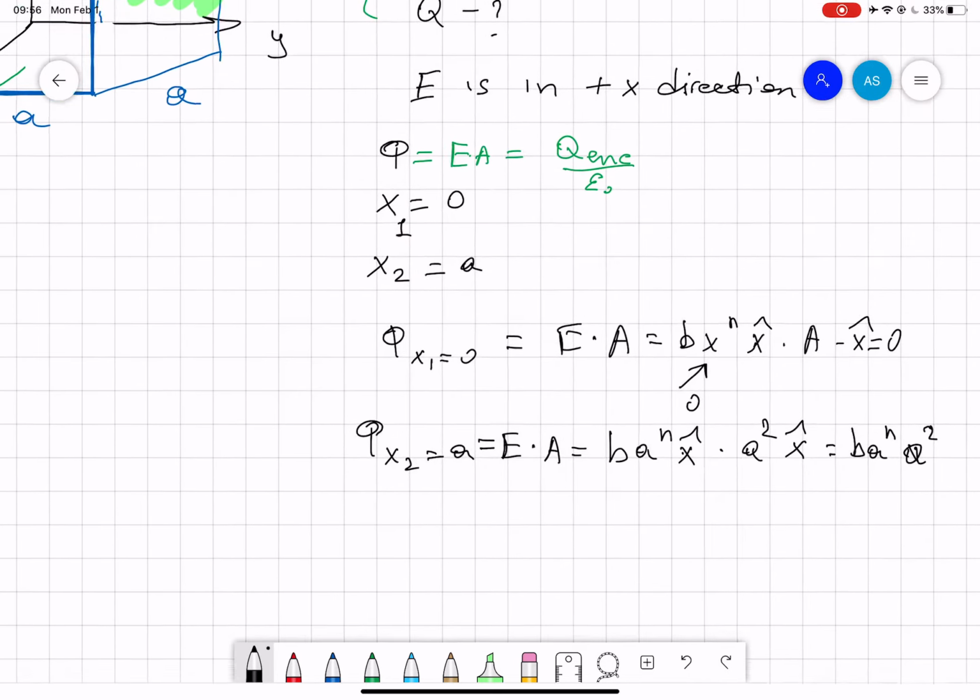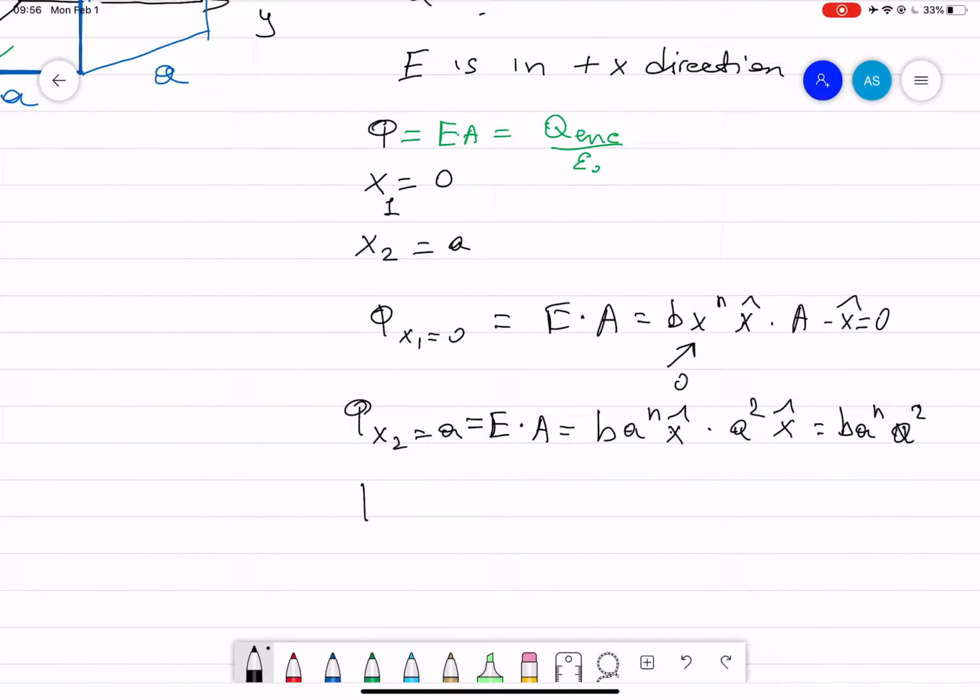We also know that we have to find the total flux, which is flux 1 plus flux 2, equal to Q enclosed divided by epsilon naught.